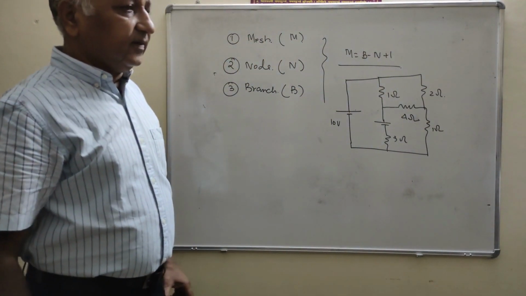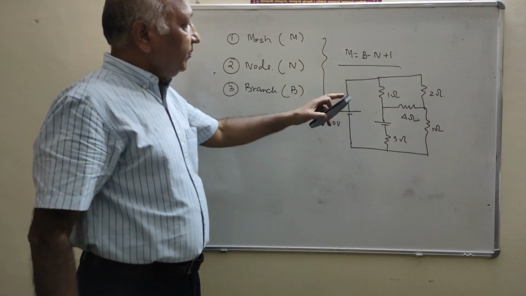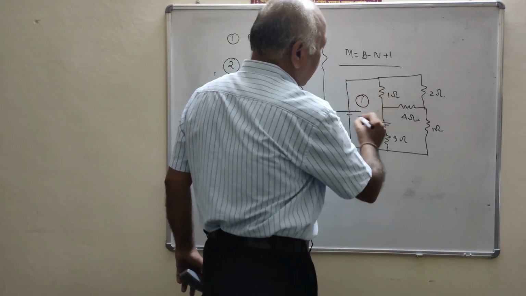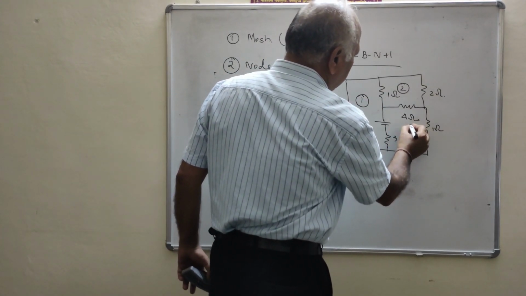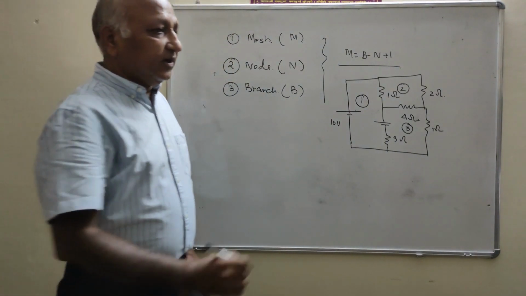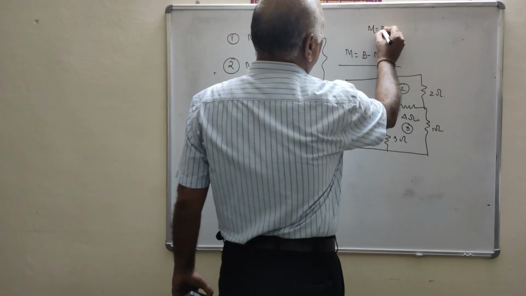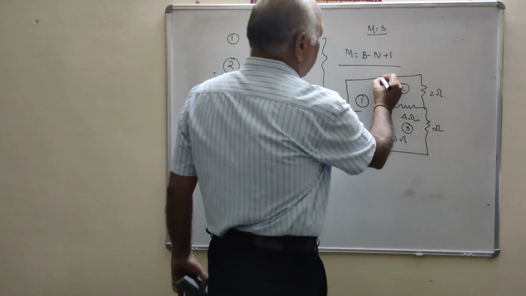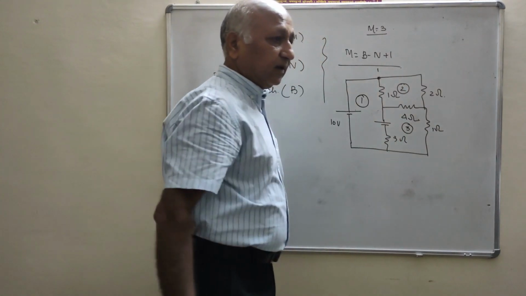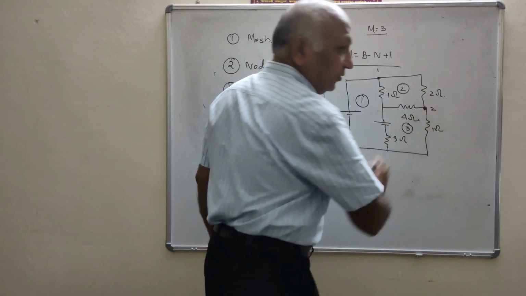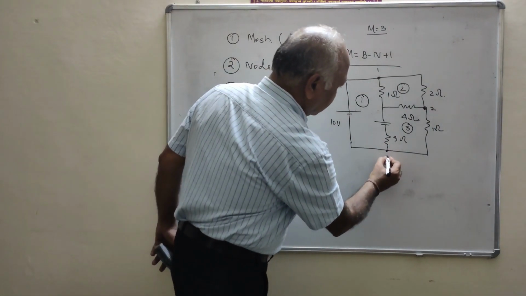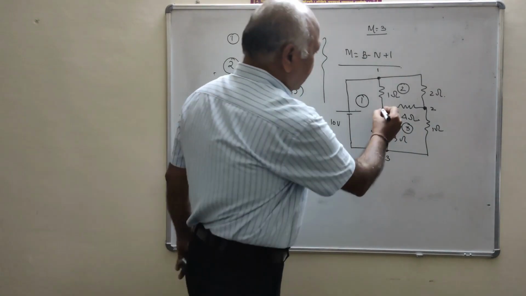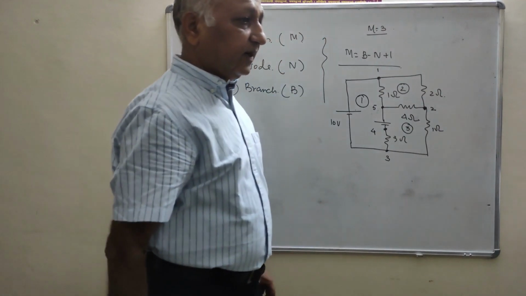Now you will see how many meshes there are. This is mesh 1, this is mesh 2 and this is mesh 3. That means M is equal to 3. Now, say this is the first node, this is 2, this is 3, this is 4, this is 5.